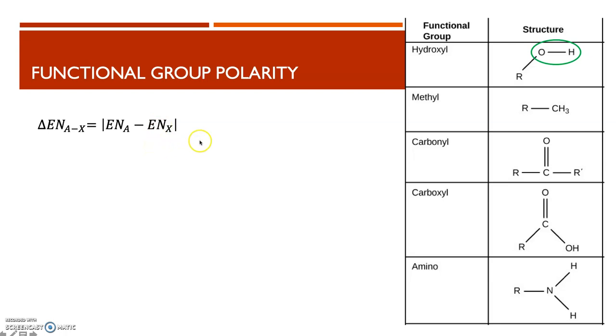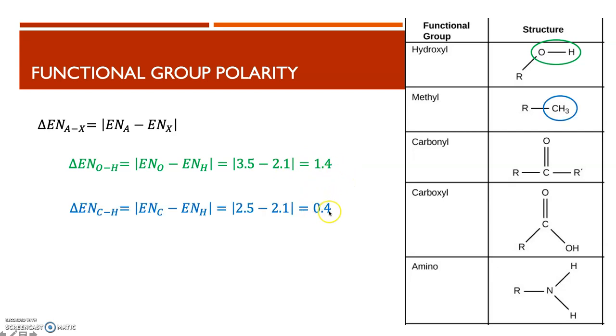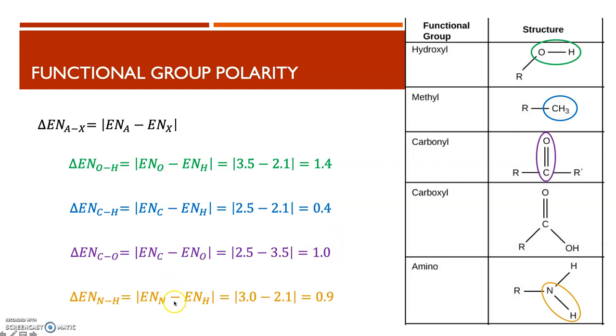So if we look at the hydroxyl group, we take the electronegativity of the oxygen and subtract the electronegativity of hydrogen, and we see a difference in electronegativity of 1.4. We could do this for the methyl group, and we get a difference of 0.4. For carbonyl, we get a difference of 1. For the amino group, we get a difference of 0.9.